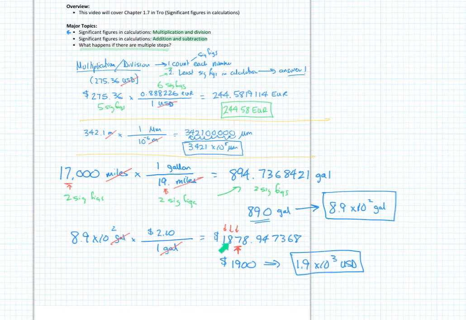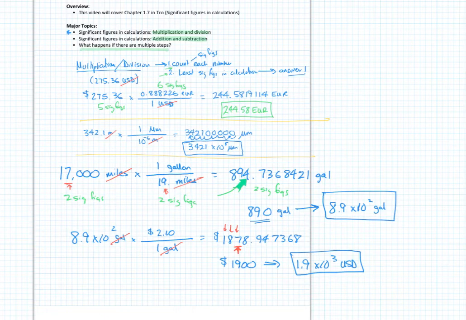So the 7 needs to be rounded up. So this should become 1,900 instead of 1,800. But in this case back here, 2 sig figs, this was a 4, so the 4 does not round up. So the way you do rounding is you take the digits that you have, the significant digits, and you go to the next place over and you say, do I need to round or not?